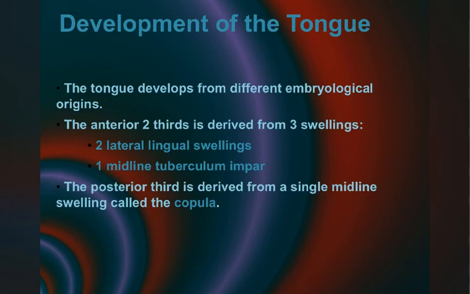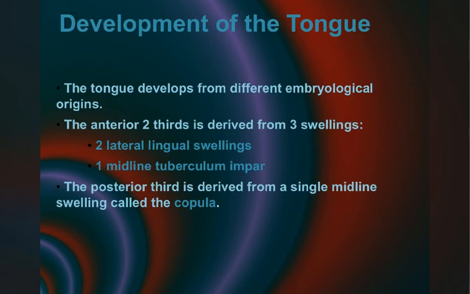There is a special sensation in the anterior two-thirds. This special sensation is provided by the facial nerve, because as we mentioned, there is some contribution in the anterior two-thirds of the tongue by the second pharyngeal arch, and the nerve of the second pharyngeal arch is the facial nerve. It provides the special sensation.